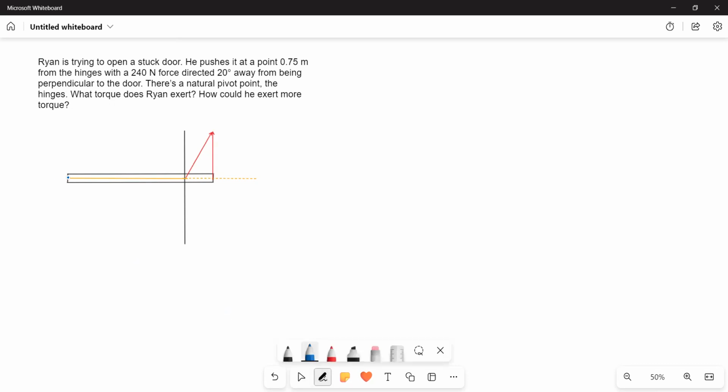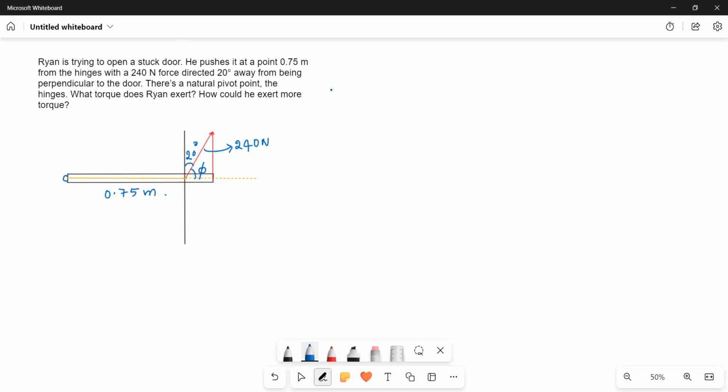So let us take this as the hinge, and this is the radial line. The force is applied at an angle of 20 degrees, so this is the 20 degrees he is giving. But we need this angle, this is our phi. And this is our force, 240 newtons, and the distance between these two is 0.75 meters.